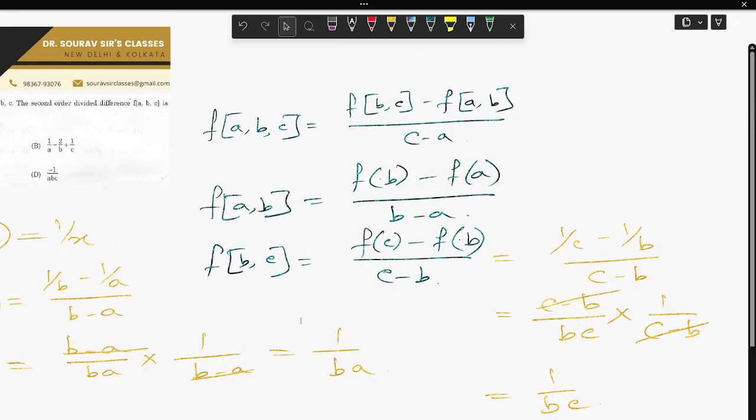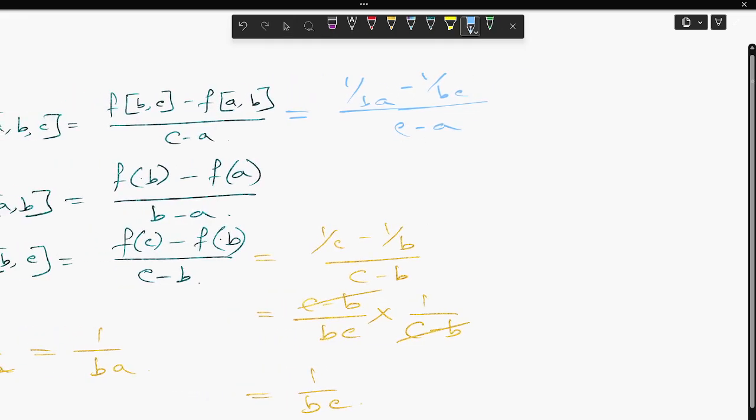So let us put the values in the first equation, f[a,b,c] equal to (f[b,c] minus f[a,b]) by (c minus a). Then we will get (1/(bc) minus 1/(ba)) whole by (c minus a).